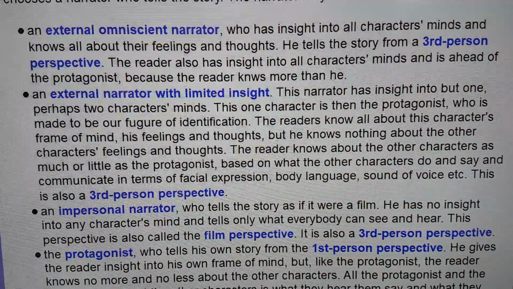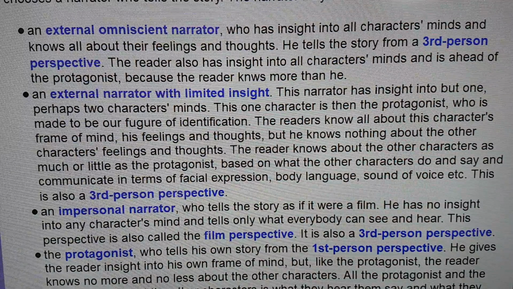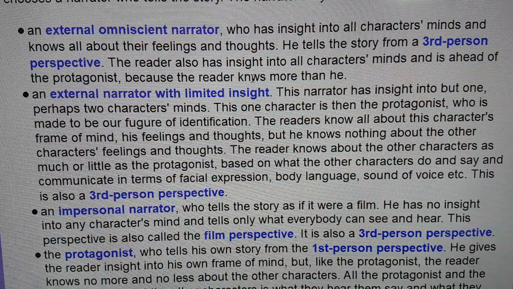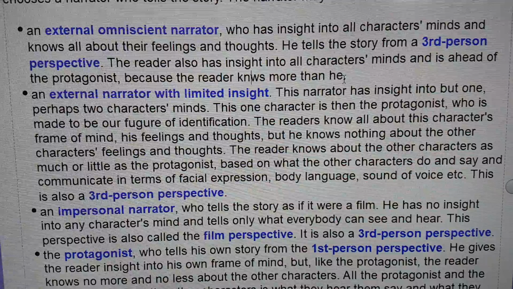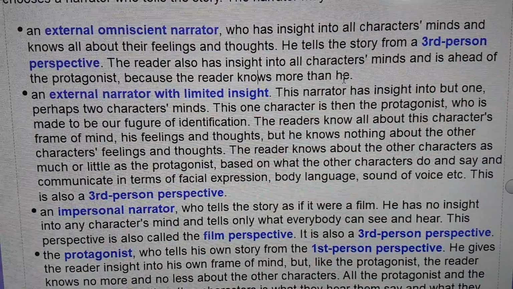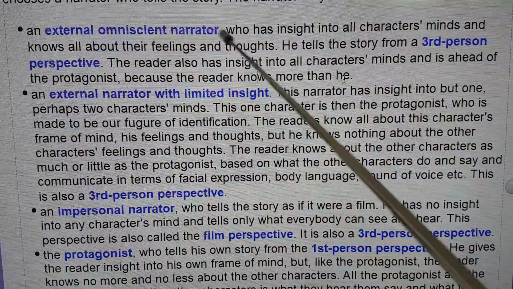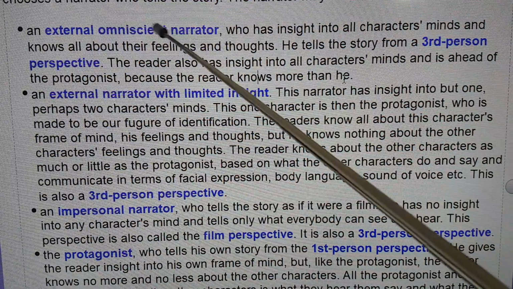So here comes a lot of text. You may go through this, and there is also a spelling mistake. Look here. Shouldn't be there. Okay. So the external omniscient narrator is the one who has insight into all characters' minds.